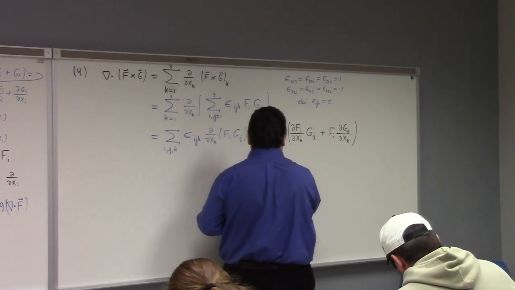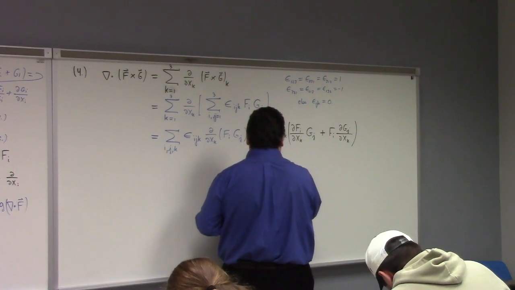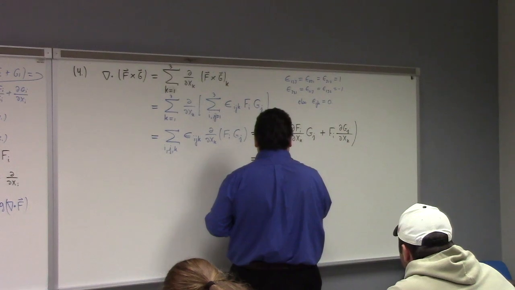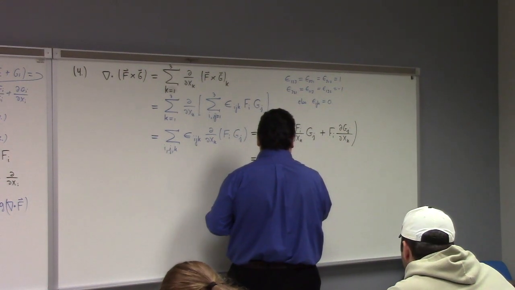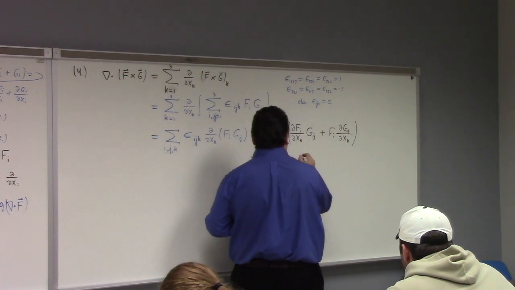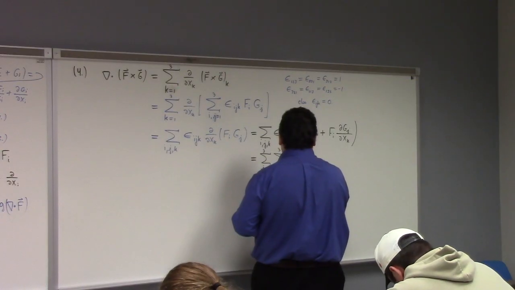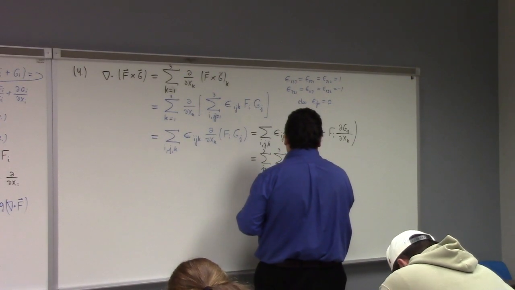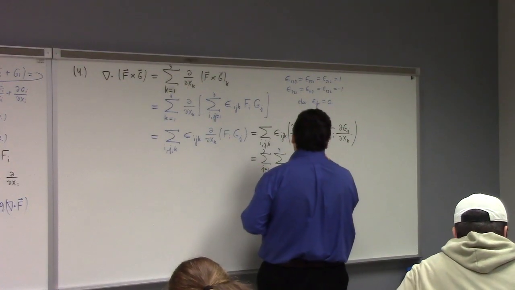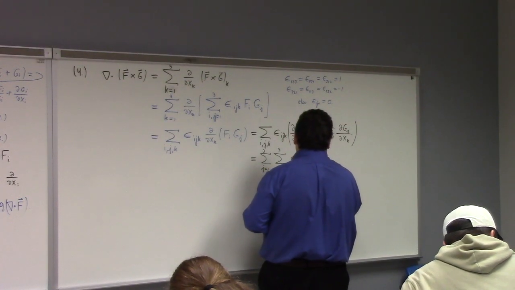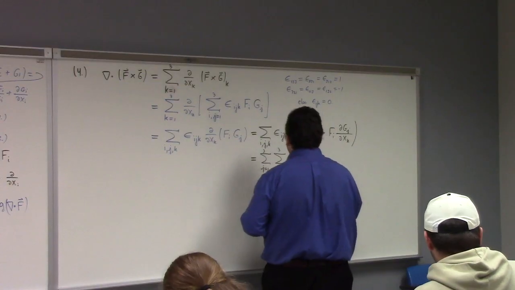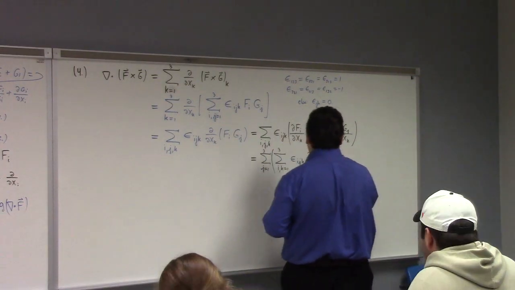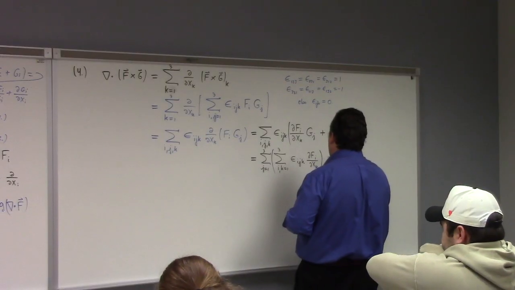You can reorder the sums however you like. I'm going to do the sum over j equals 1 to 3, the sum over i and k equals 1 to 3 of epsilon i, j, k, partial f sub i, partial x sub k, times g sub j.